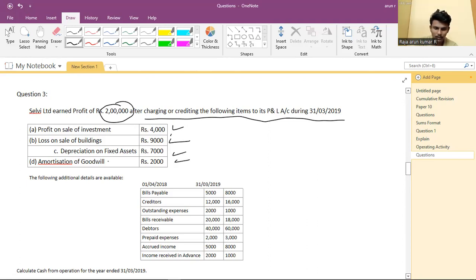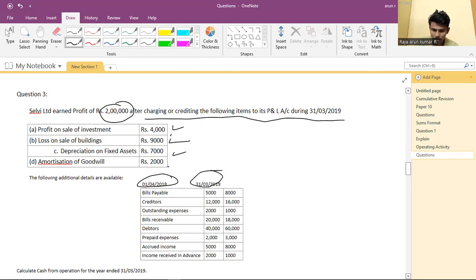Like that they are given in the question. I just aligned that. I hope you will forgive me for this alignment.